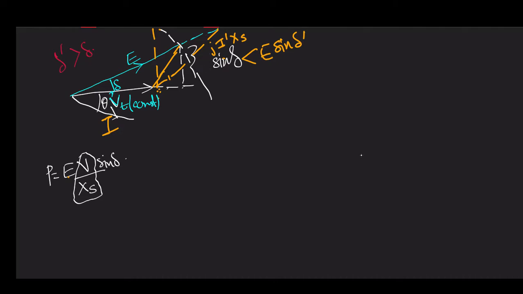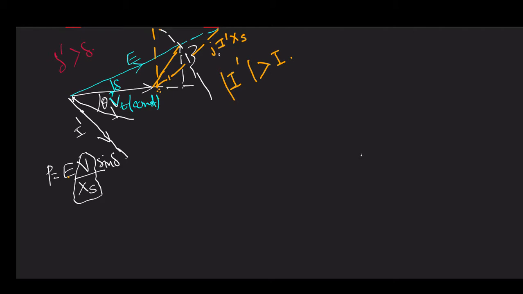Magnitude wise, this I dash is greater than I, and needless to say I dash is indicating a more lagging current, because otherwise, since you are keeping this E sine delta constant, your active power will remain constant.